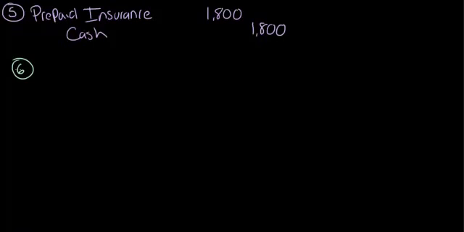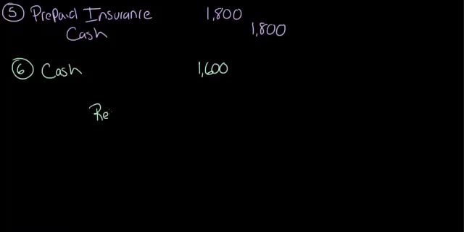Journal entry number 6. At the end of October, Lincoln completed $2,000 of accounting services. They had been paid $1,600 of those services, and the rest were on account. So they had received cash of $1,600. So we're going to debit $1,600.